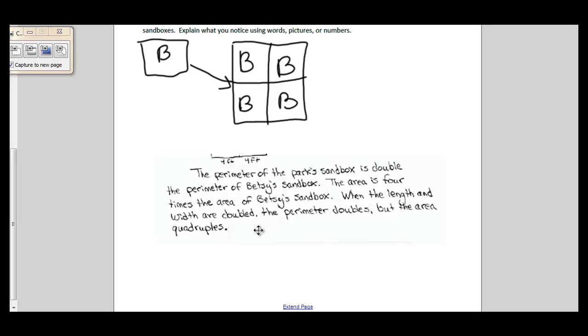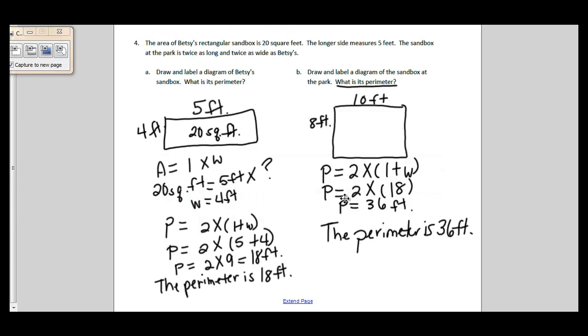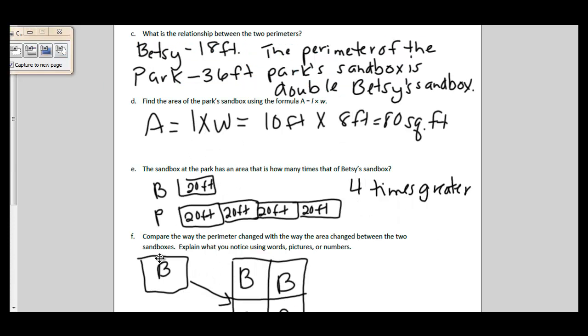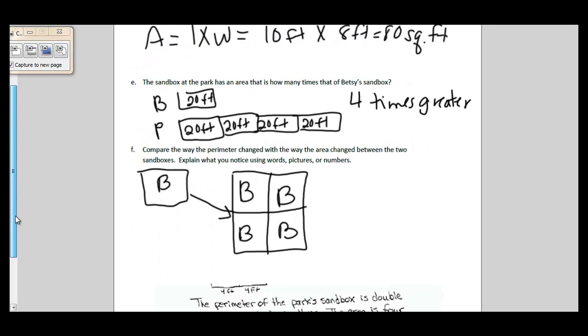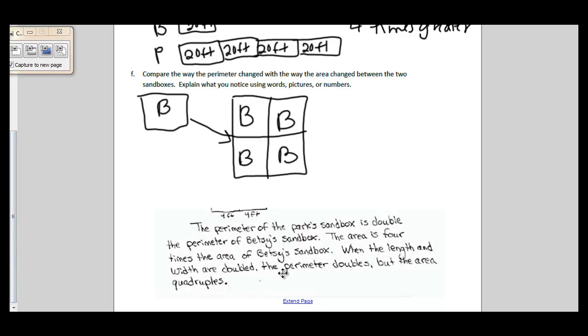When the length and the width are doubled, the perimeter doubled, but the area quadrupled. So if you think about that for a minute, go back and look and see what happened here. So the length and the width doubled. So you can see here, this went from 4, this went from 8, this went from 5, this went from 10. So when you double the length and the width, then you're going to double the perimeter, but you're going to quadruple the area.